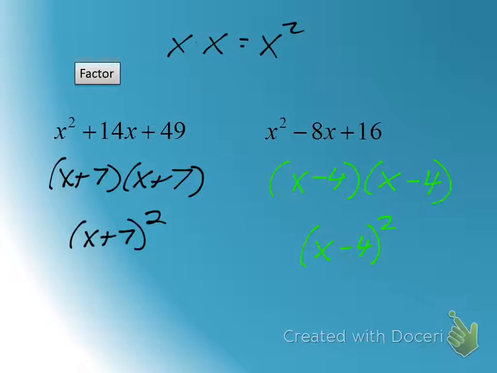Starts with a T. Last word. Trinomials. Perfect square trinomials. What today is based on is either you having or you creating perfect square trinomials. Okay? The first couple of ones, you're going to have them.